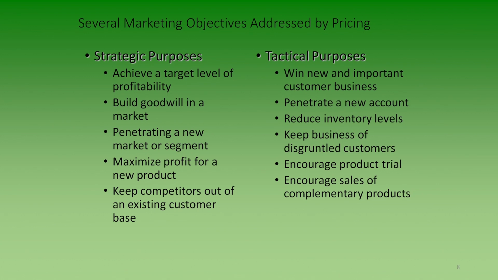This is a particular diagram; this slide summarizes the tactical purposes of pricing and strategic purposes of pricing. The tactical purposes: pricing actually helps us to win new business. So, that may be the first step and the most usually used step to penetrate a new account.